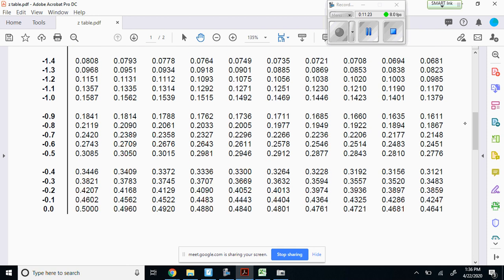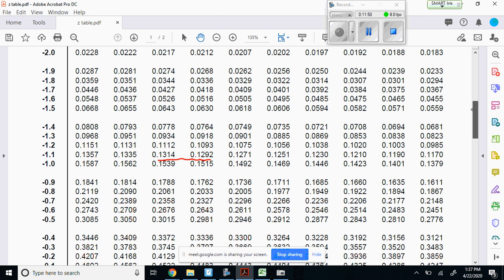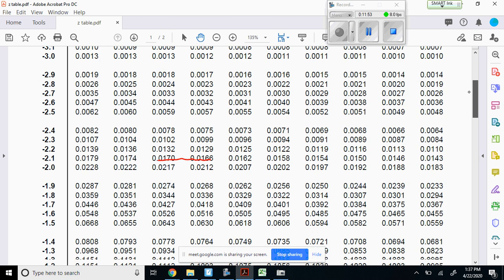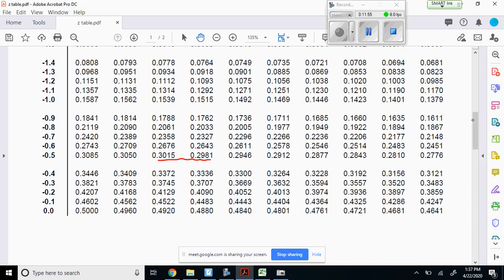Okay, so it's somewhere between here, right? 0.2989 is somewhere between 0.29. But what we have to find is, is there one closer?